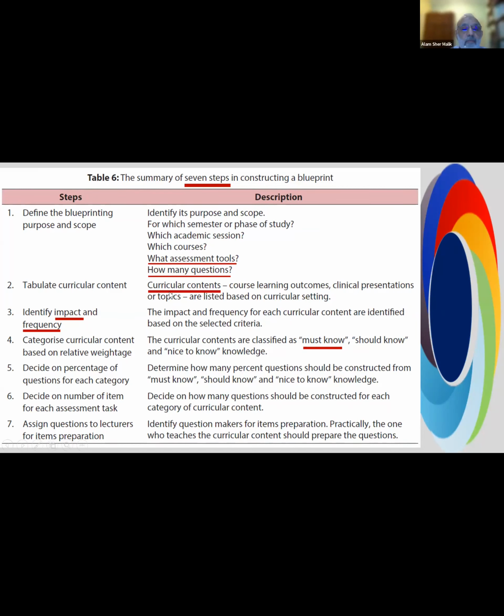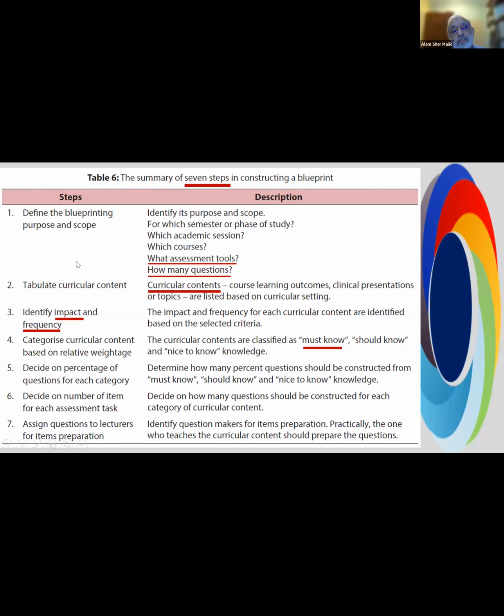Then we identify the curricular content, the core, based on the course learning outcomes, clinical presentations or topics. Then we need to identify the impact and frequency. We will go into the detail. The impact and frequency of each curricular content are identified based on the selected criteria, because we want to assess the important areas.